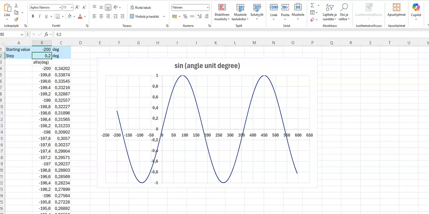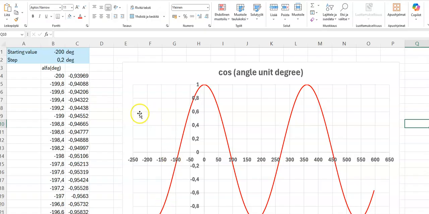Sininen is the color blue in Finnish, so when I'm watching my own drawings, I see that this is sine there. And then this is cosine, again the same here.